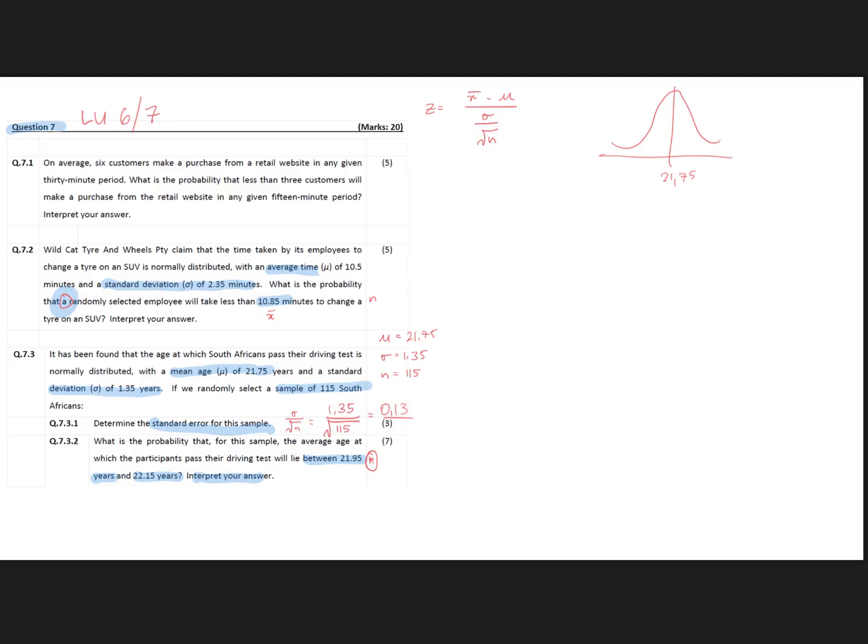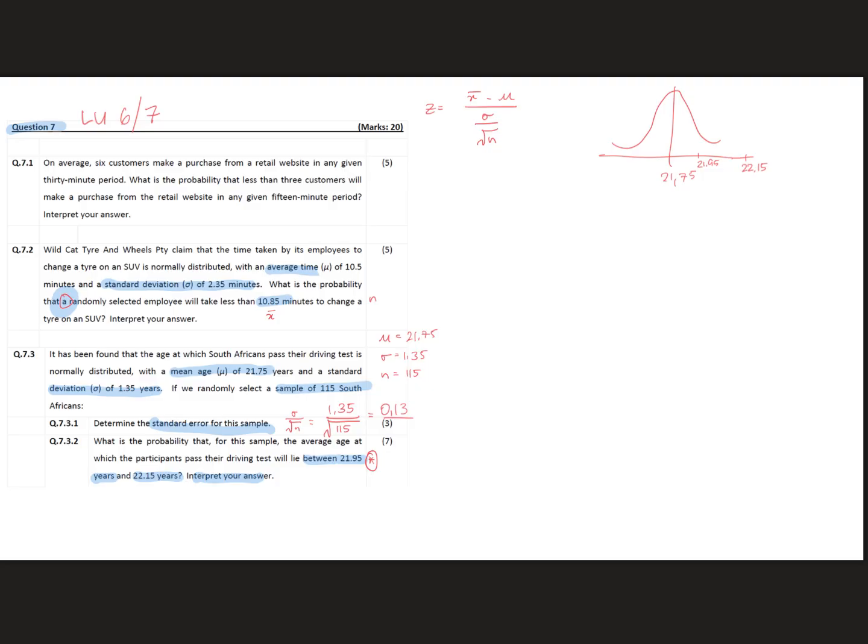So it's 21.95, which would fall somewhere on the right here, 21.95, for example. And then 22.15, which is even further somewhere here. So now we know where the sample values lie.